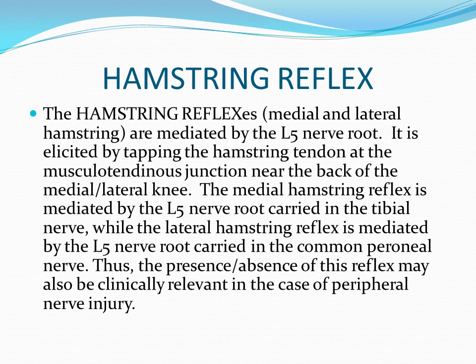The medial hamstrings are composed of the semimembranosus and semitendinosus tendons. That's where we test. And the lateral hamstrings are composed of the long and short heads of the biceps femoris muscles. Now, both the medial and lateral hamstring reflexes are mediated by the L5 nerve root. Both mediated by the L5 nerve root.